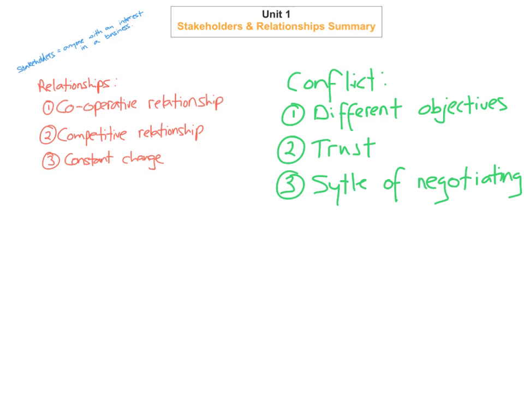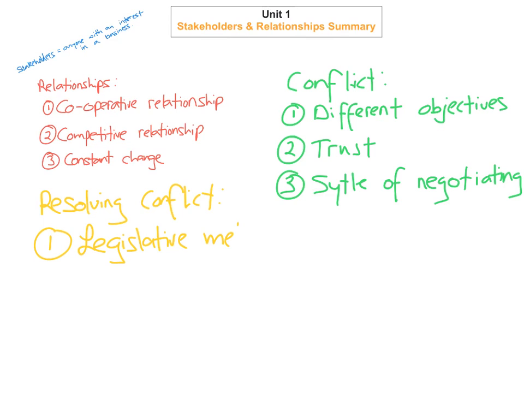So this is going to bring us on to resolving conflict. How can you do this? Well, there's two ways you can resolve conflict. One is a legislative method, and this is when you use the law, or an institution, to resolve the conflict.